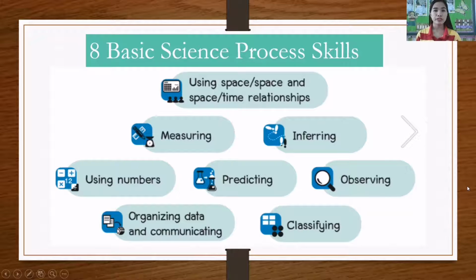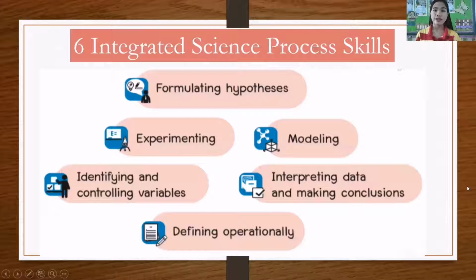Let us also proceed to the 6 integrated science process skills. Number 1, formulating hypothesis. What do we mean by hypothesis again? These are the ideas. Second, experimenting.